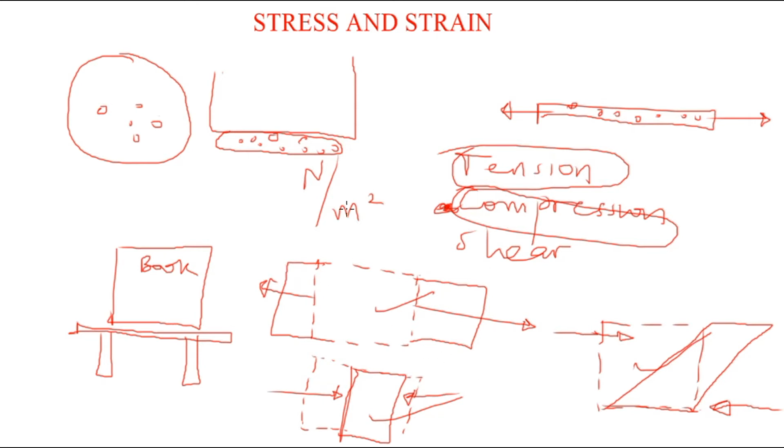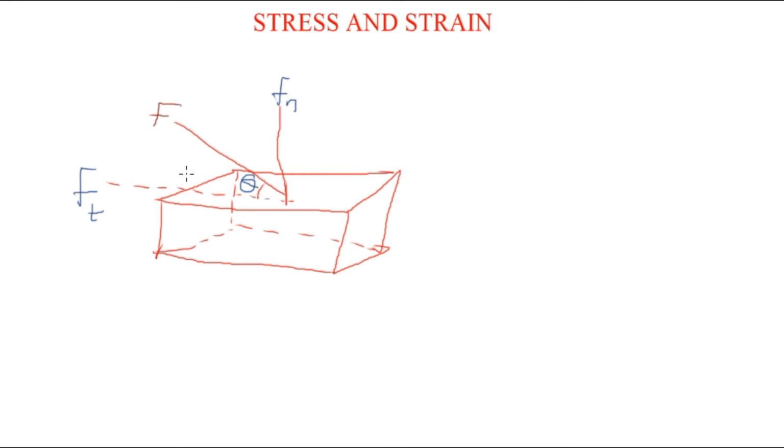These are the three classes of stress. Now let us have something of this nature. Let us now suppose that a force F is being applied to the face of a rectangular table which has a cross-sectional area of A, and it looks like this. Now in this case, the force can be resolved into the normal and the tangential.